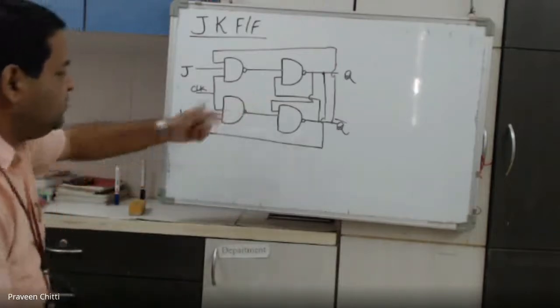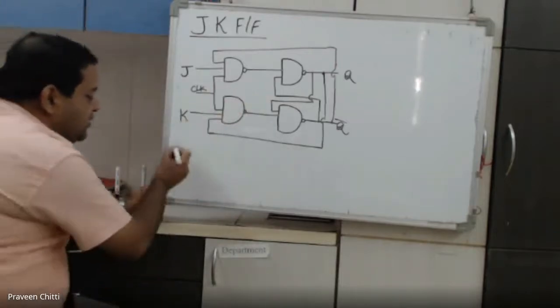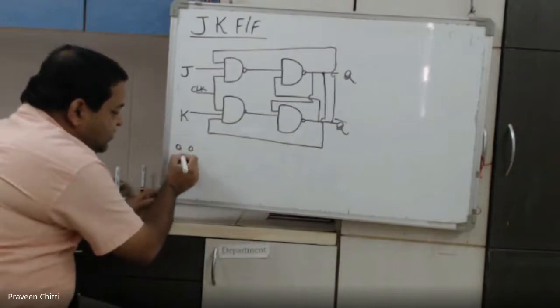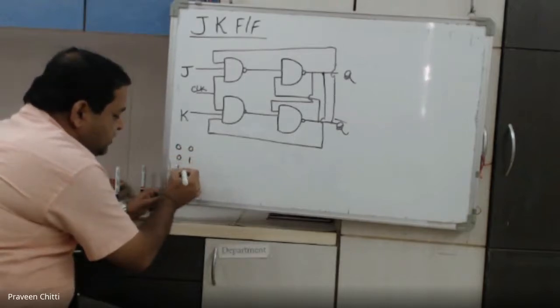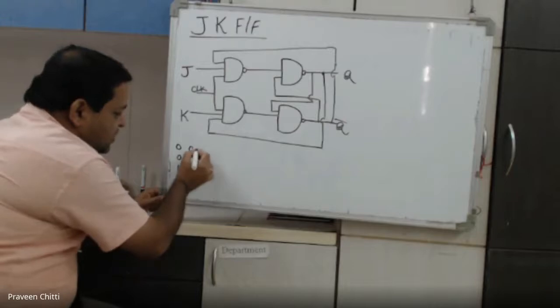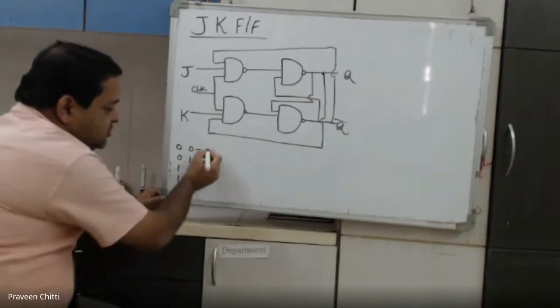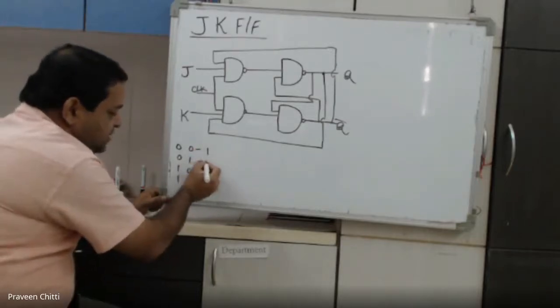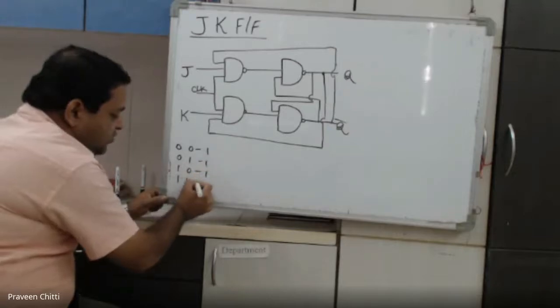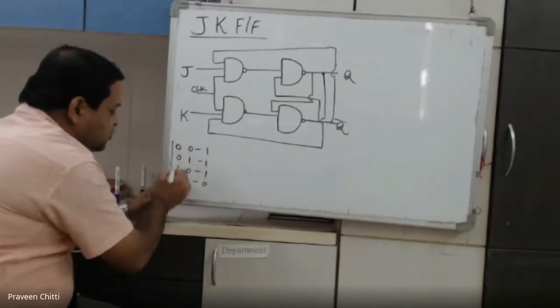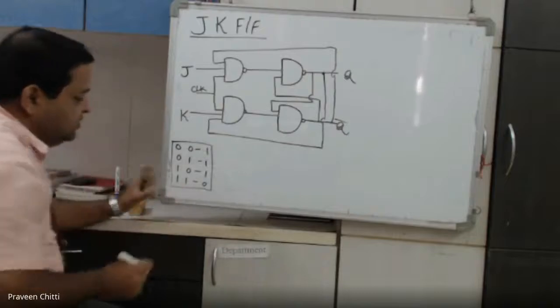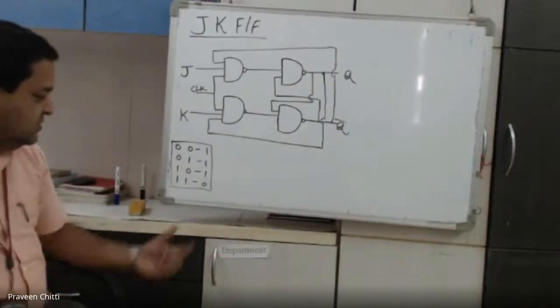Again, you know that we are using NAND gate here. What are the properties of the NAND gate? You can write down the truth table of the NAND gate. What output you will get for 00, 01, 10, 11? This is the truth table of the NAND gate.